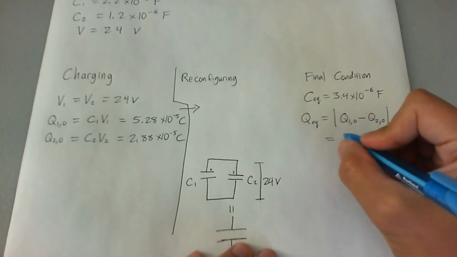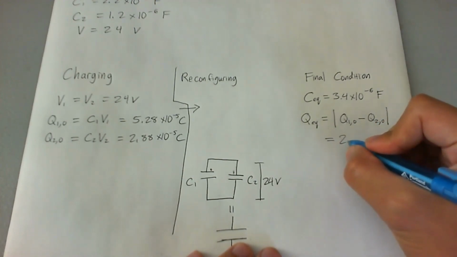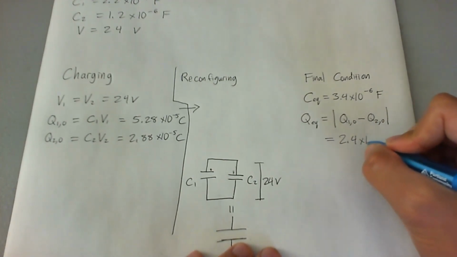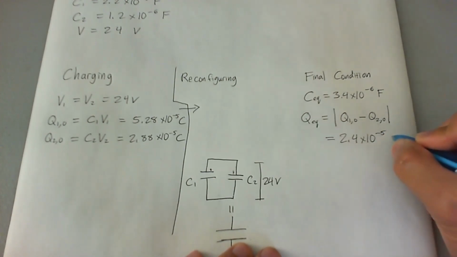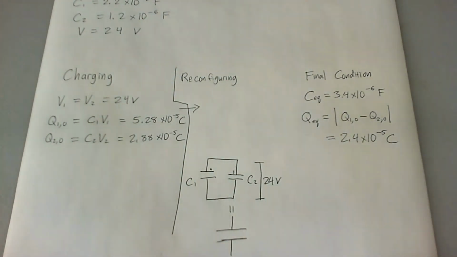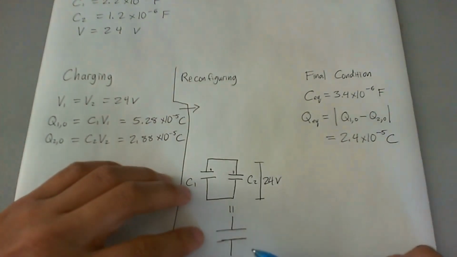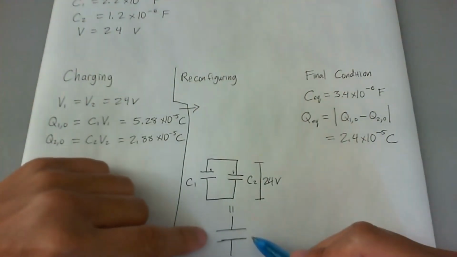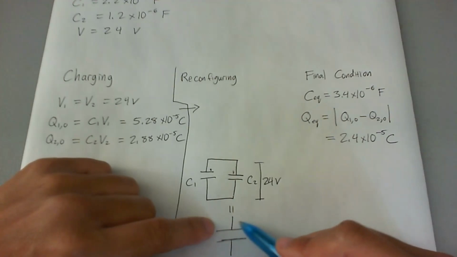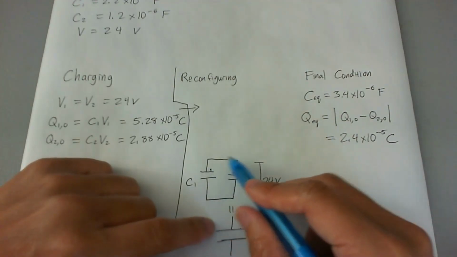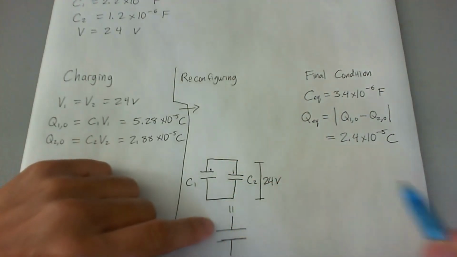So this is going to equal 2.4 times 10 to the negative fifth power coulombs. So you have the equivalent capacitance and the equivalent charge on the capacitance once the equilibrium comes about.